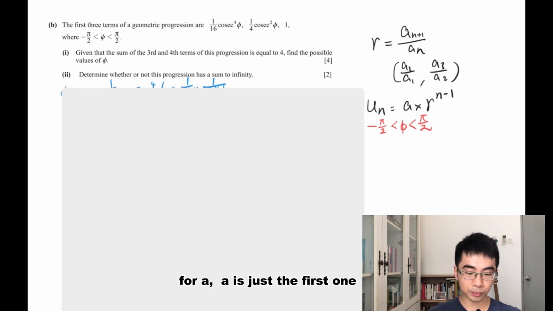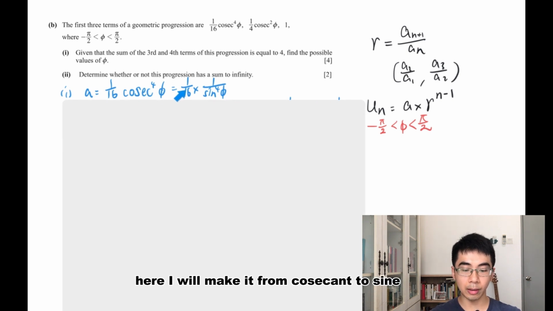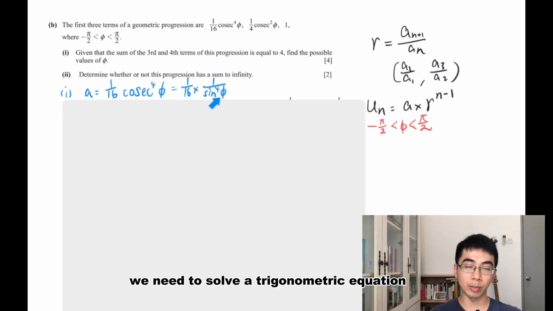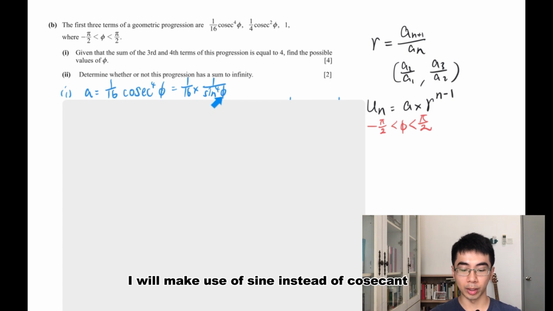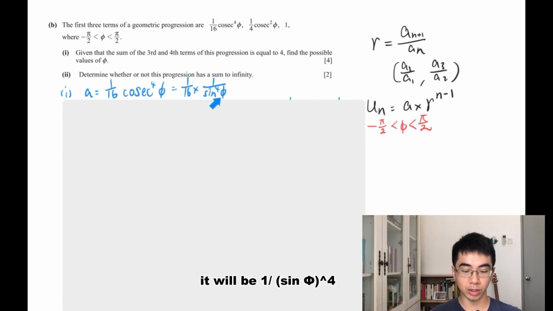For a, it is just the first term, but I will change it from cosecant to sine, because later on maybe we need to solve some trigonometric equation. So it will be 1 over 16 sine to the power 4 phi, written in terms of sine instead of cosecant. How about the common ratio?